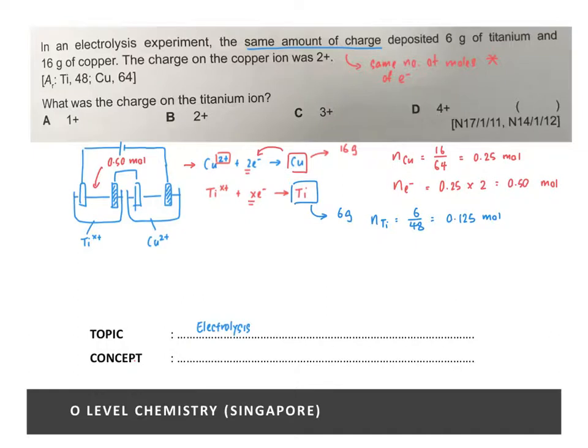Essentially what this means is that I had 0.5 moles of electrons, and that 0.5 moles of electrons actually form only 0.125 moles of titanium.